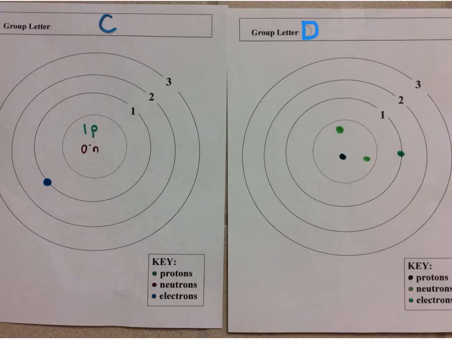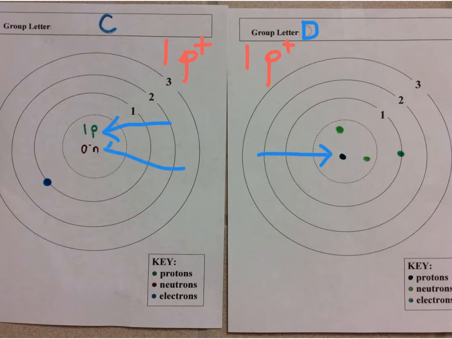So if you look at our group C and our group D, let's look at what's the same in both, because there are some differences. I notice right here there's one proton, and according to the key over here, there's also one proton. So they have that in common. Then I look at neutrons.